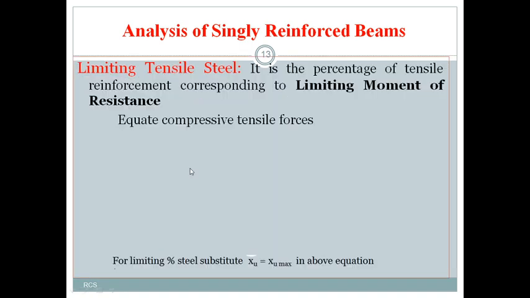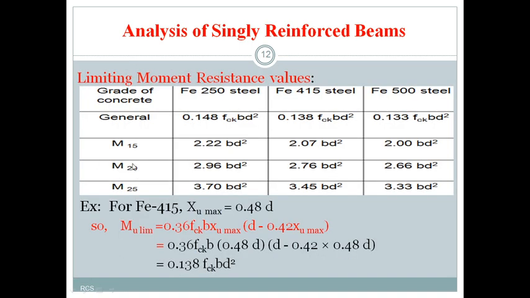If I substitute all those values here, that is 0.36, fck remains fck and b is b, and in place of this xu max, according to the steel grade, it will vary.